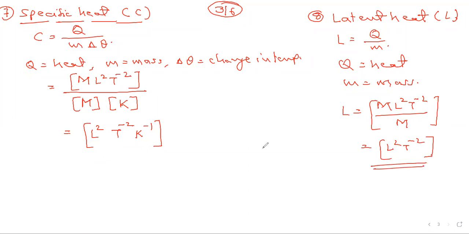This is the dimension of the latent heat. Is this clear? Got it? Any doubt? Anyone?